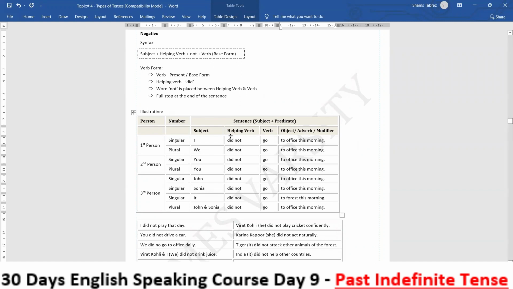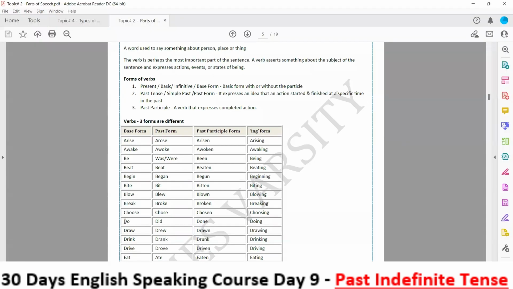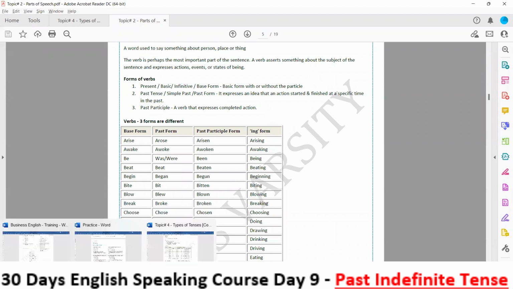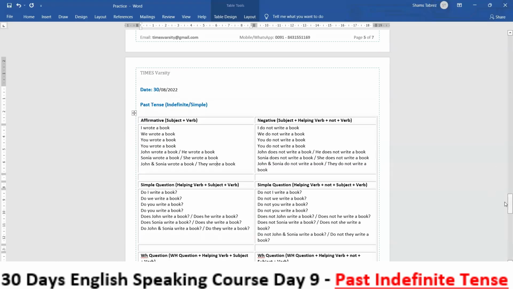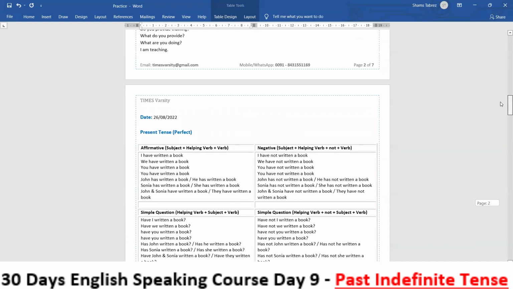So if you see, do, did, done, doing: total four forms of the verb do. Since we are using do as a helping verb, even in our present indefinite negative sentence, the same thing was done.